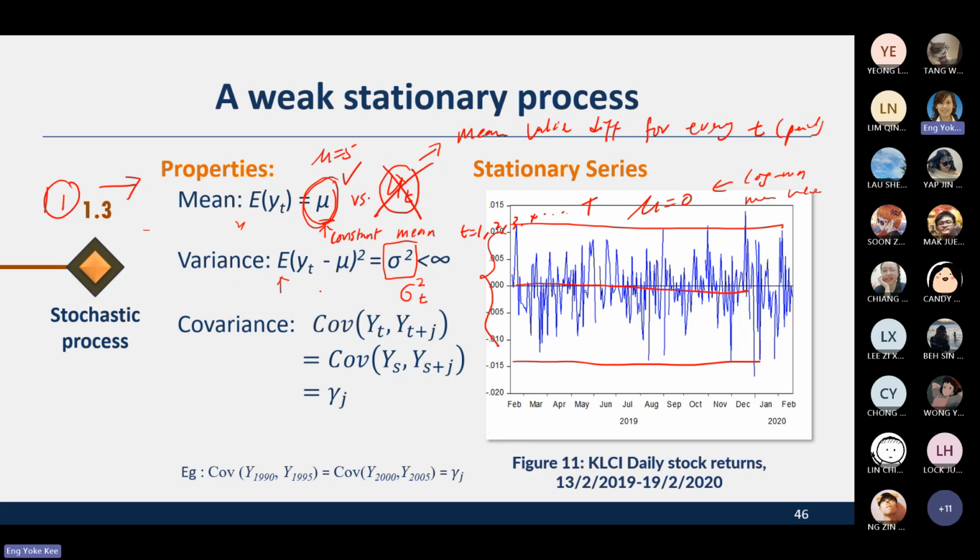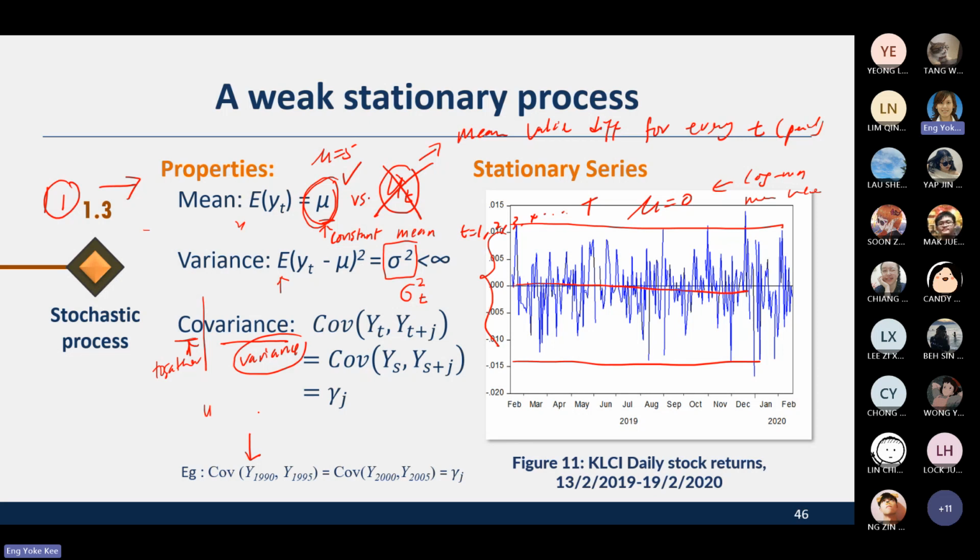Right, covariance, the difference between variance and covariance. Covariance means what? Co means what? Co-author, co-worker, all right? So co means together. So the covariance of two data points, for example, the data in the 90s.